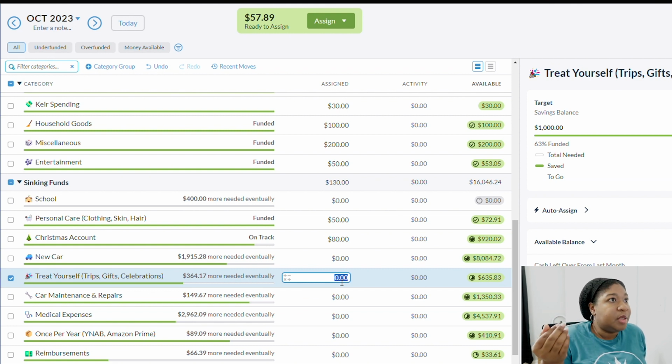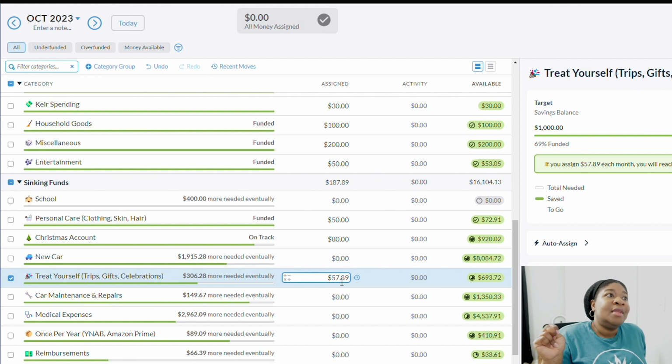So let's go ahead and start building this category back up, and then as we get paid, we'll start filling in some of these other sinking funds that are not at the same level that we had them last month, just to build them back up. So I think that's a good plan. $57.89. And now all of our money has been budgeted.